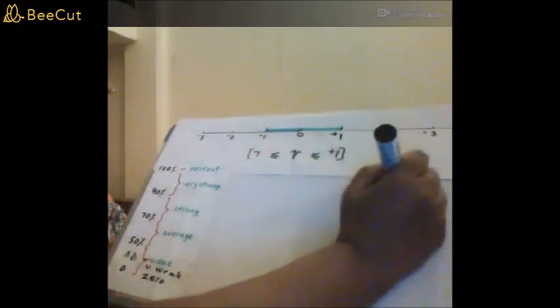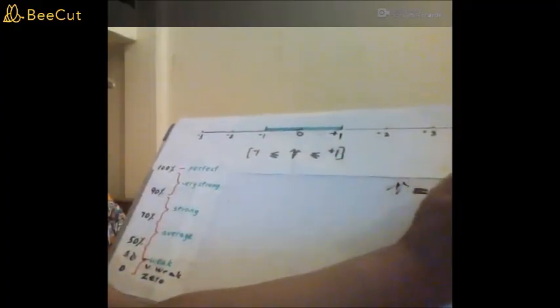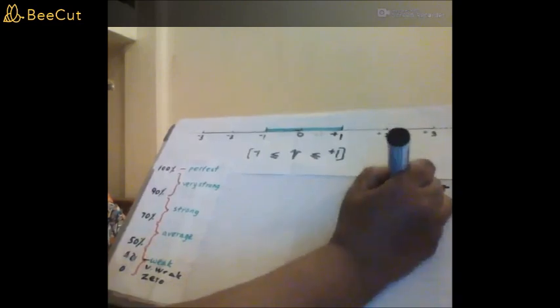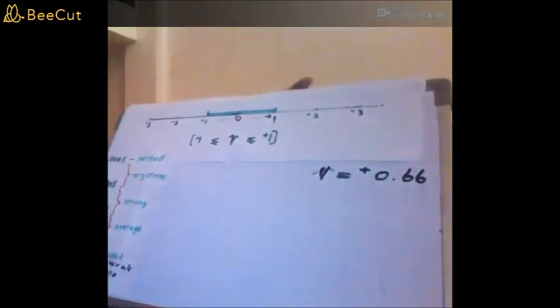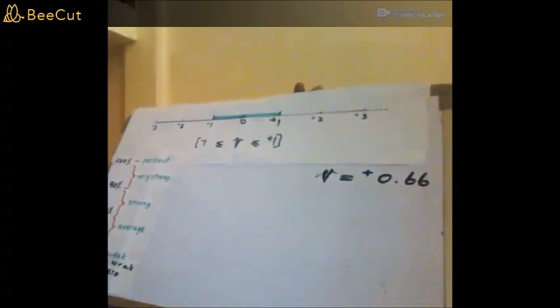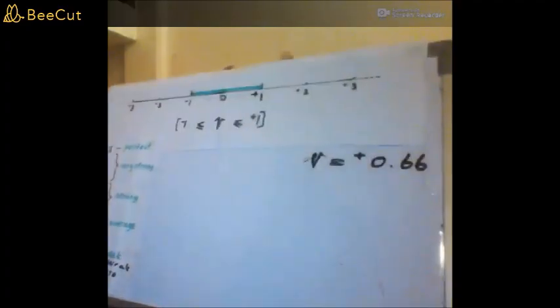Now, our rho value, the coefficient, is 0.66. Rho equals plus 0.66. Right? Now, it asks, interpret your results using the scatter diagram and the coefficient.